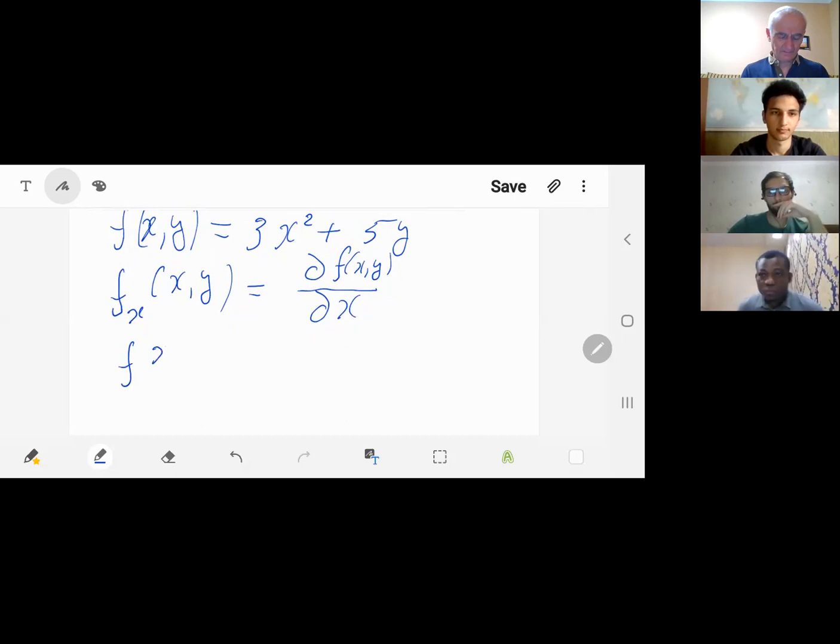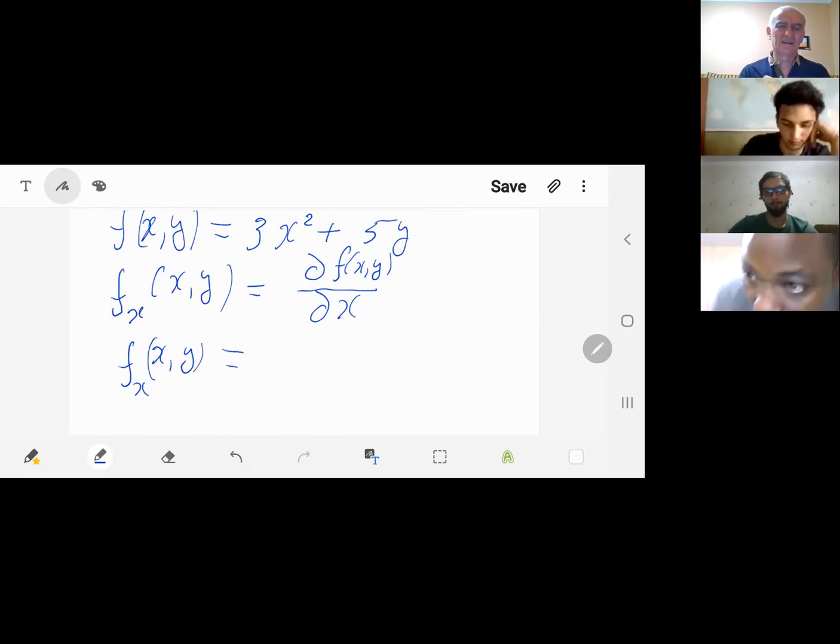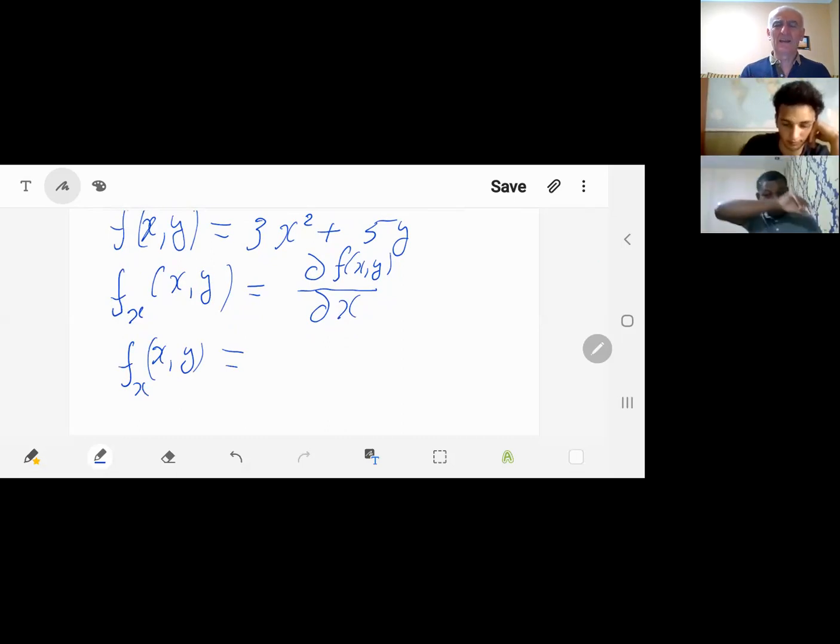When we find respect x, it means we should treat x as variable, and we should treat y as constant.